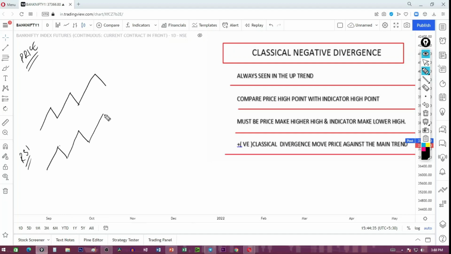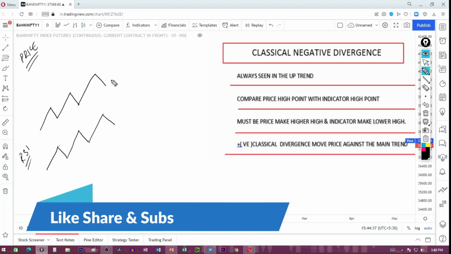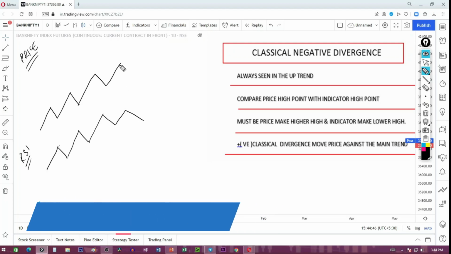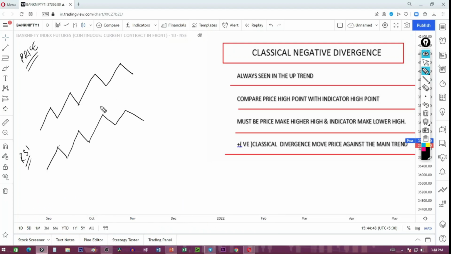Price comes down, RSI comes down, no issue. Price makes a higher high again, and at the same time RSI makes a lower high. Every one of these points is a swing high of price, and every one of these points is a swing low of price. Similarly, high points of RSI and low points of RSI.